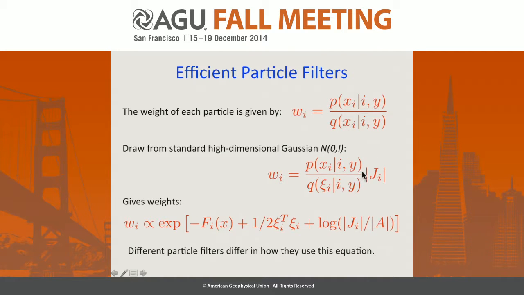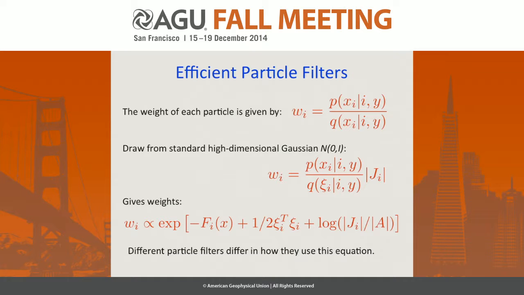Yeah. So in this equation, you see we've changed the argument from x to xi. So xi is drawn from this high-dimensional uncorrelated Gaussian. And that, of course, gives rise to this Jacobian over here. But the essence is that we can write the weights in this form, in which f is related to the posterior density.